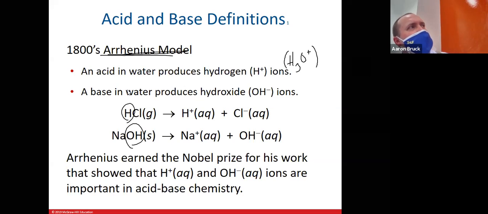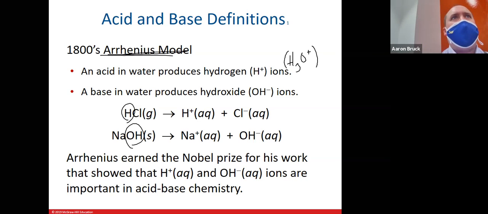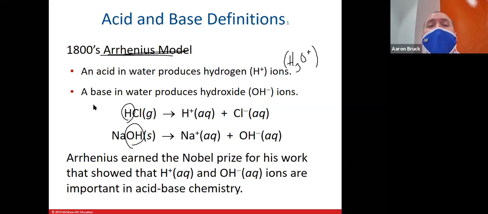And for most purposes, for most acids and bases, we can follow this along and be pretty accurate and pretty confident with that line of thinking, that line of reasoning. But there's a big problem with this particular model. And that big problem is that there are many common bases in particular that do not follow the Arrhenius model.